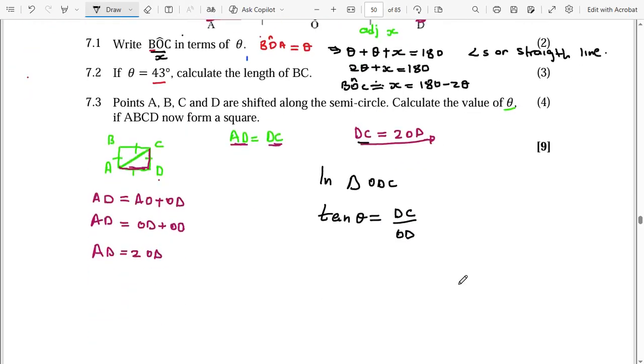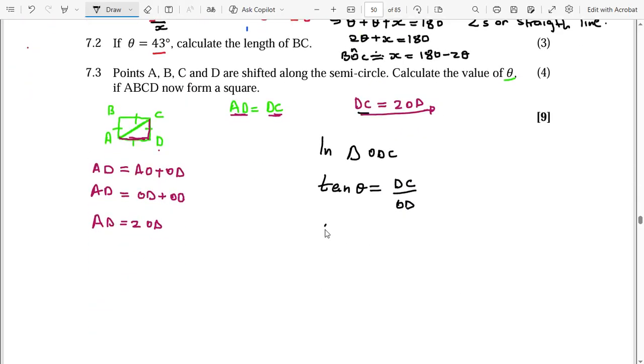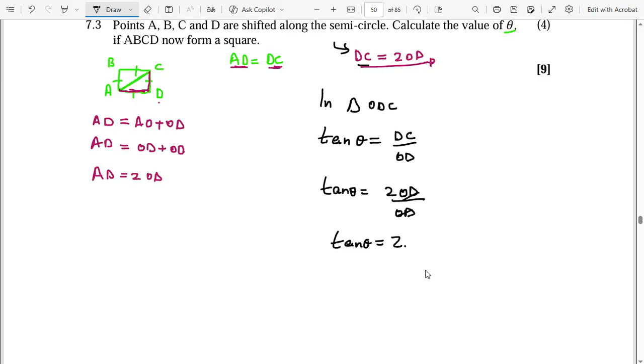Then now I just have to substitute. This will be the tan of theta. It's equal to DC. We said DC will be 2 times OD. So this is 2 times OD over OD. Therefore, the OD cancels. I'm left with the tan of theta to be 2. I can find the tan inverse of that. So theta will be equal to the tan inverse of 2.